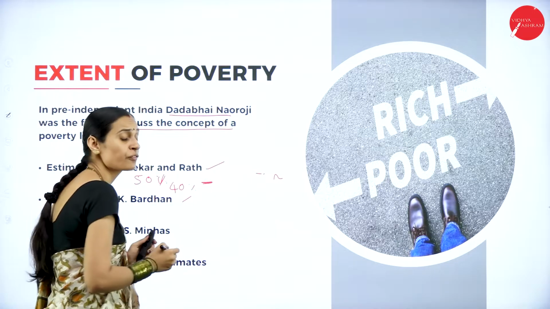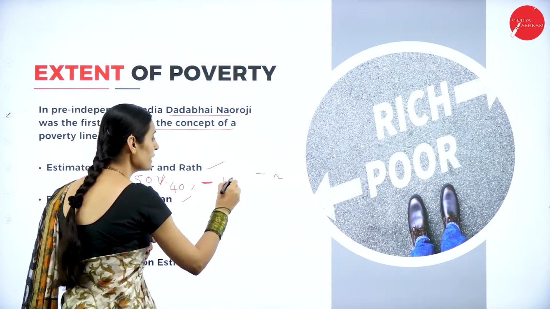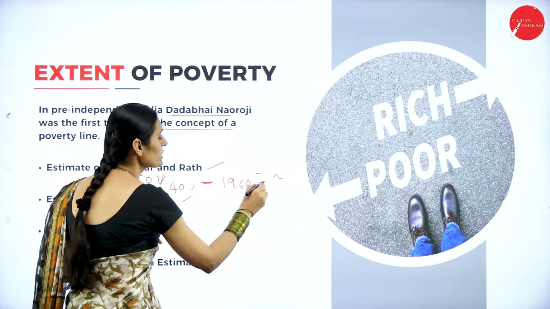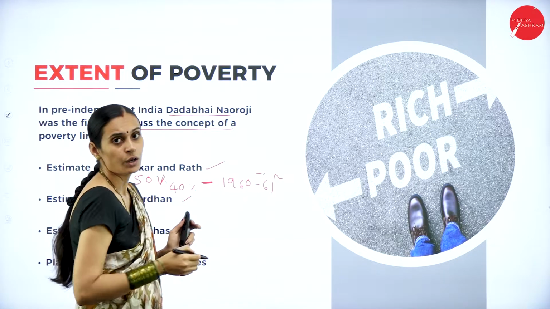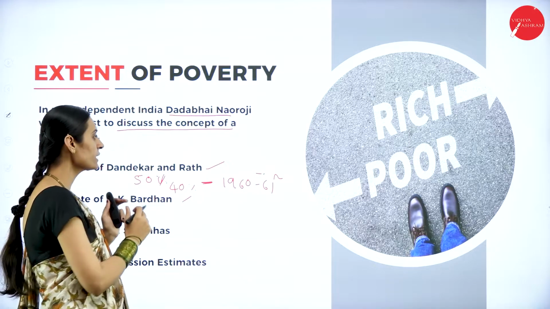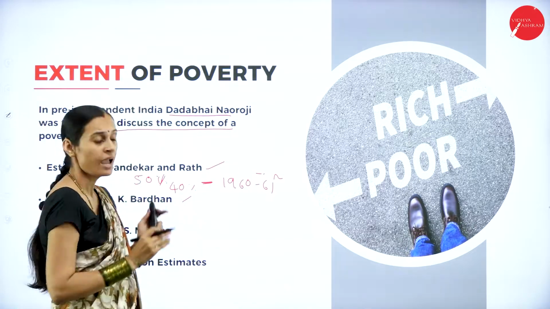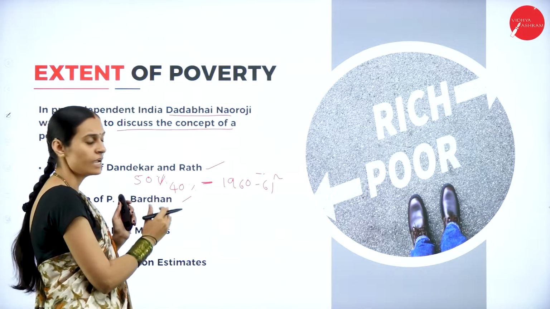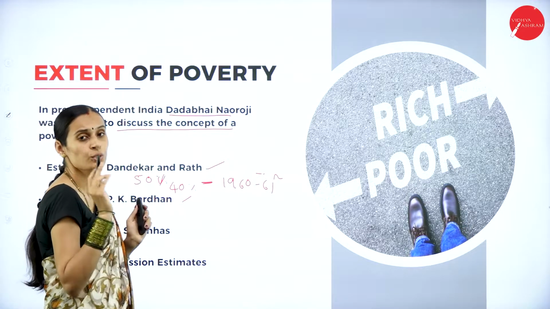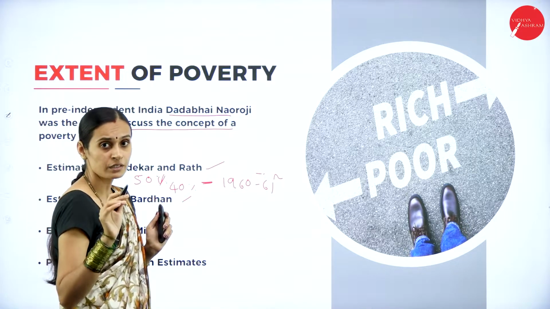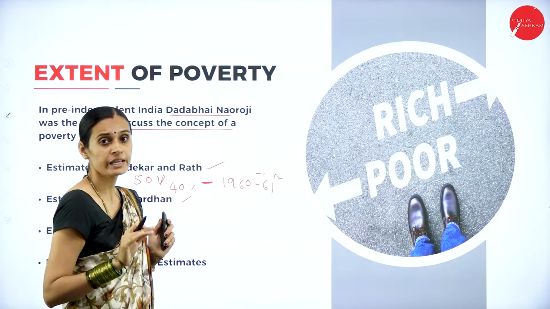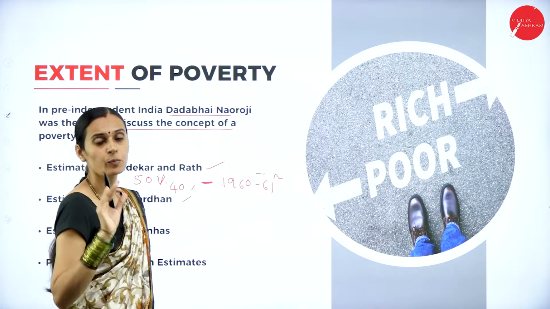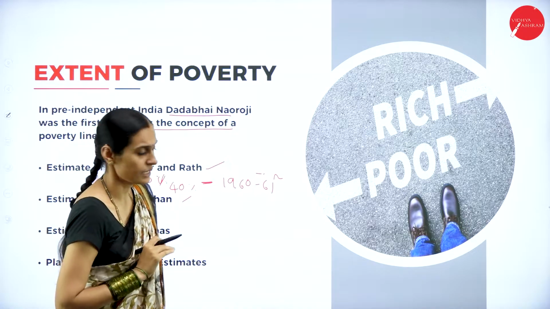These estimates were framed during the period of 1960 to 61. Dr. V.M. Dandekar and Neelkanth Rath estimated this poverty, with 50% of the rural population and 40% of the urban population coming under the poverty line.